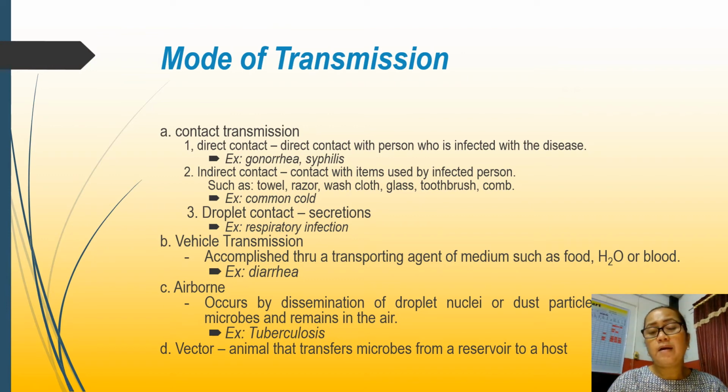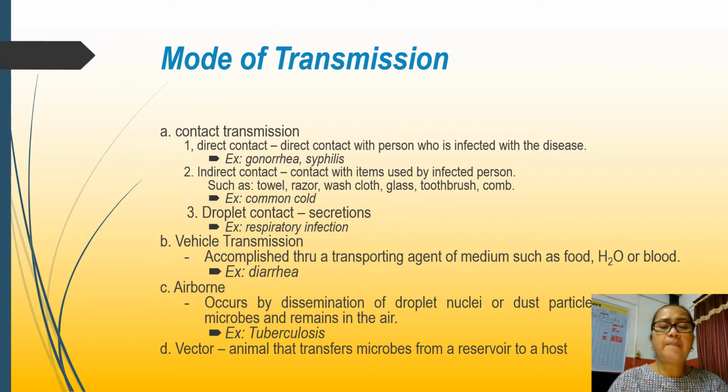If you eat at areas such as your McDo or your barbecue stands, you could have problems such as H. pylori, right? You may have H. pylori or gastritis. That is your vehicle transmission. The microorganism needs a medium, such as your food and water. Now, it would breed in your blood. Letter C is airborne.